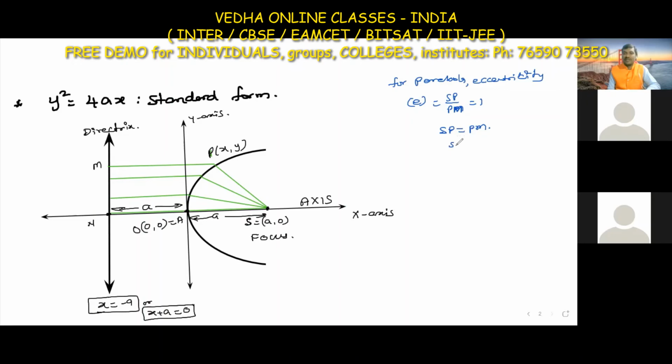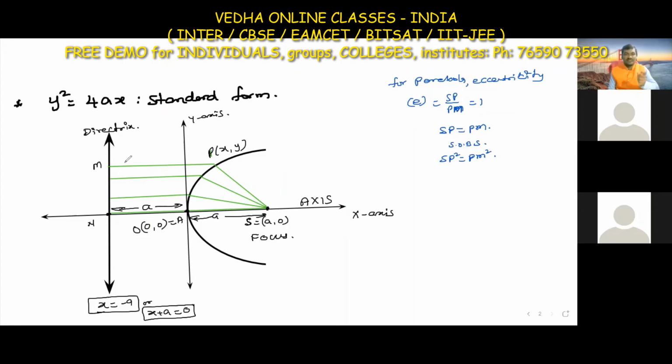If we square on both sides, SP squared is equal to PM squared. Here we can use the distance formula for finding the distance between S and P. For finding the distance between P and M we have two or three methods.